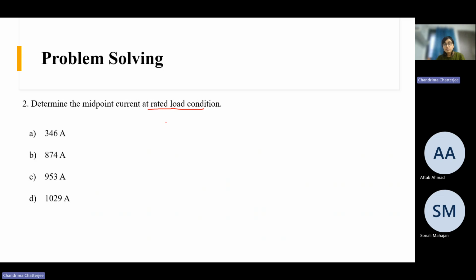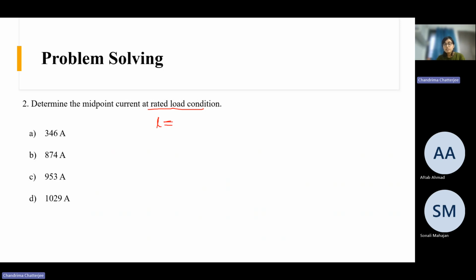Okay, let's see firstly what they have given. So the information is, I am representing the line inductance as small l, because capital L I am using for the inductance of the TCSC.